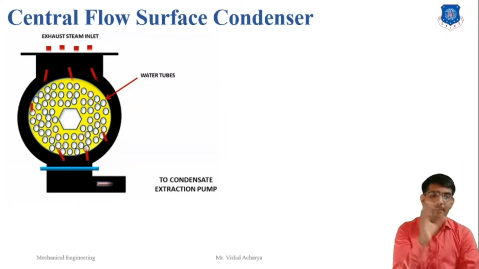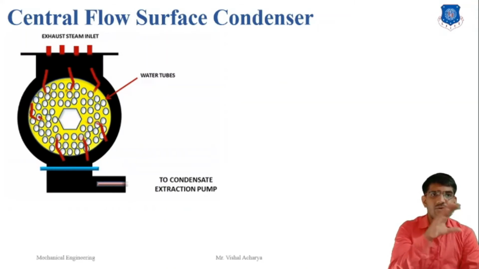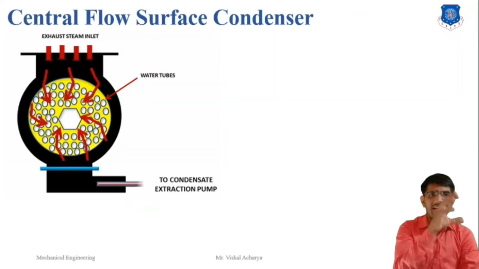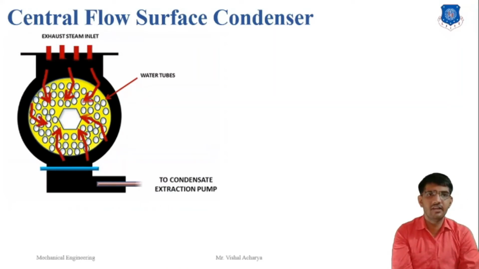Due to the placement of the suction pipe in the center of the tubes, the exhaust steam flows rapidly inward over the tubes toward the suction pipe. The condensate is collected at the bottom and pumped to the hot well. We say that it is an improvement over the downflow surface condenser.